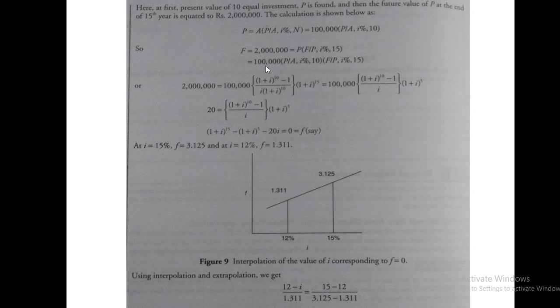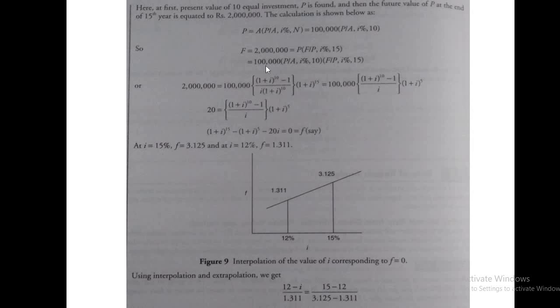So this example uses this formula. This is the particular formula, based on future worth.